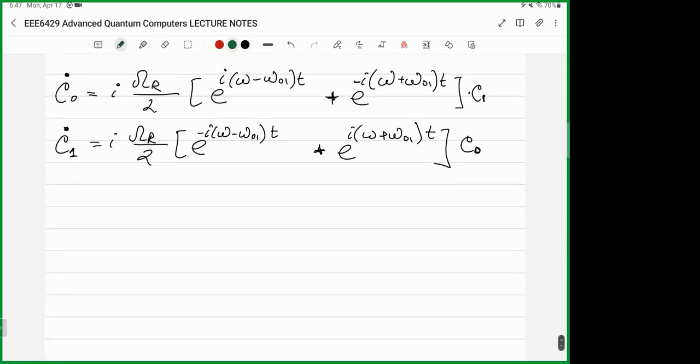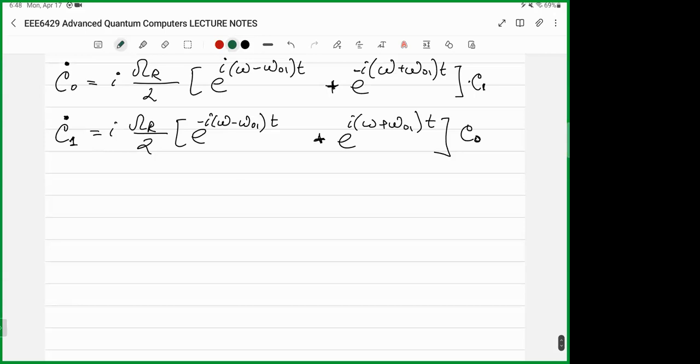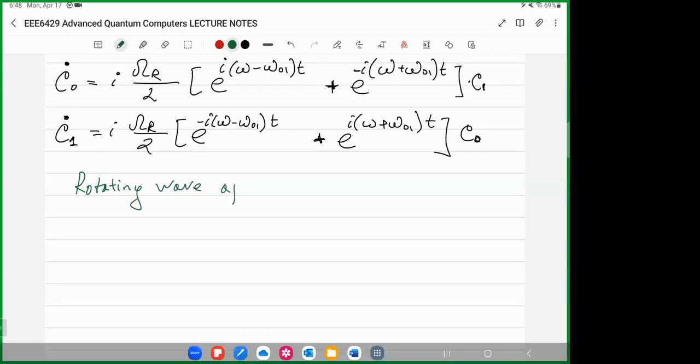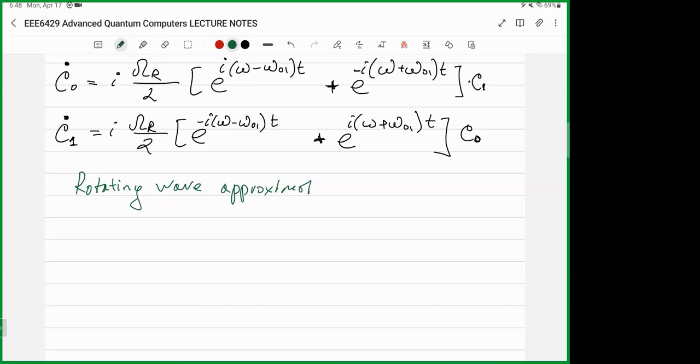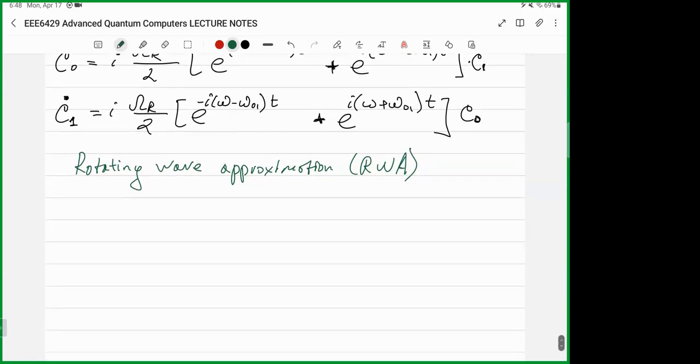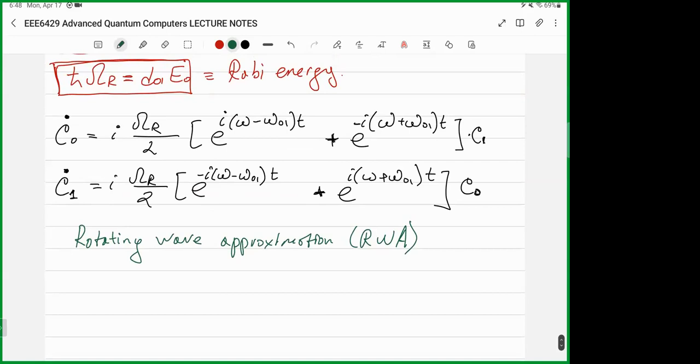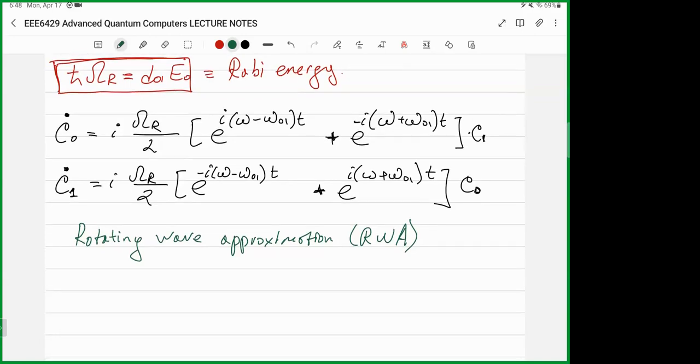You can meet it in tons of literature on quantum optics, quantum mechanics, quantum computing, etc. So what is this about? The rotating wave approximation, or RWA, basically consists in neglecting the fast oscillating terms in the equations.